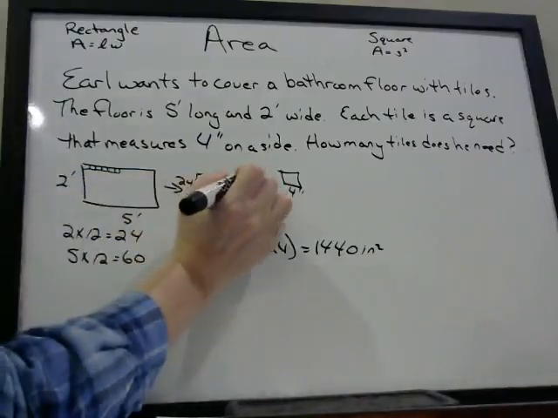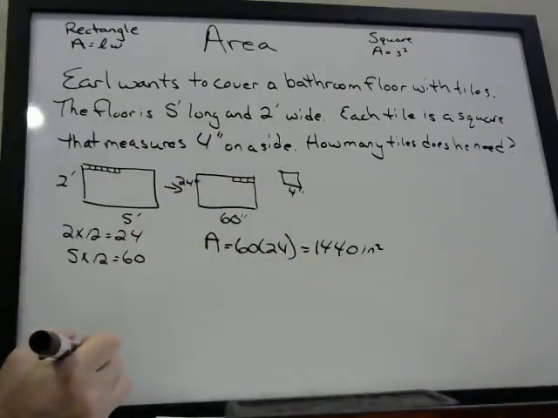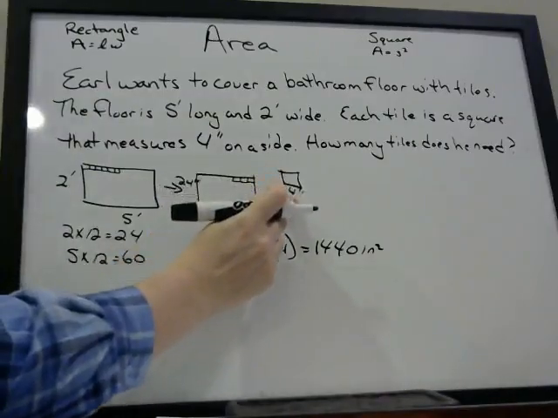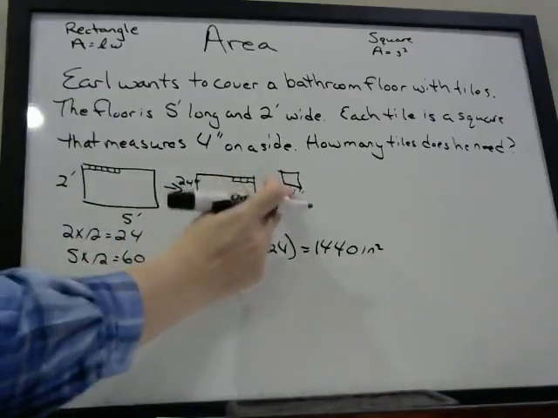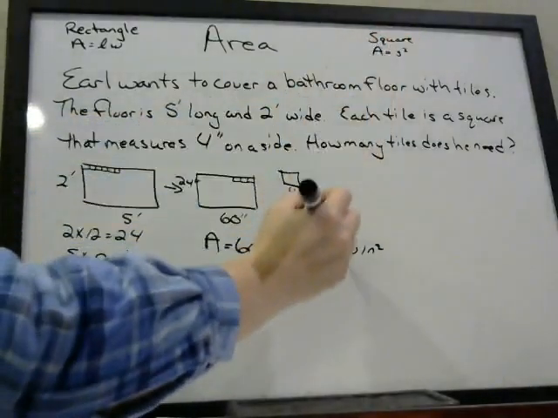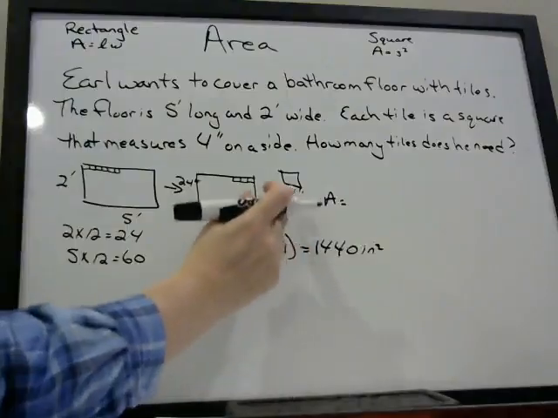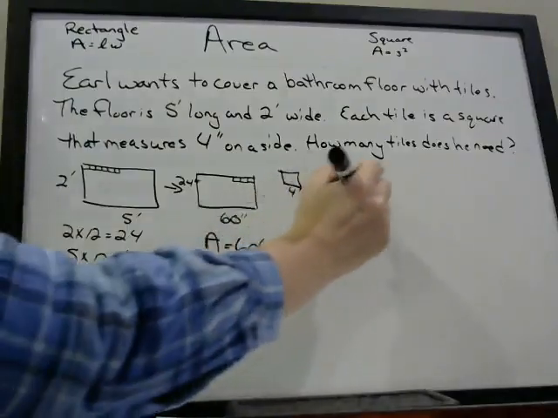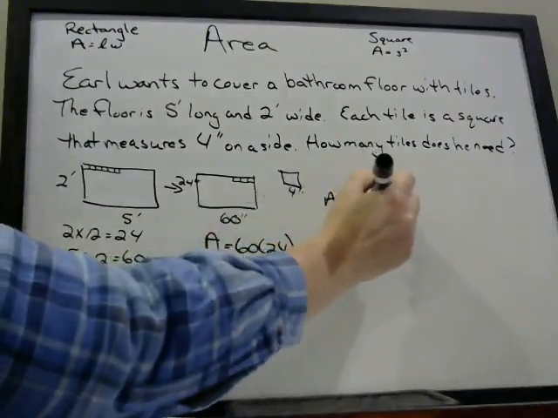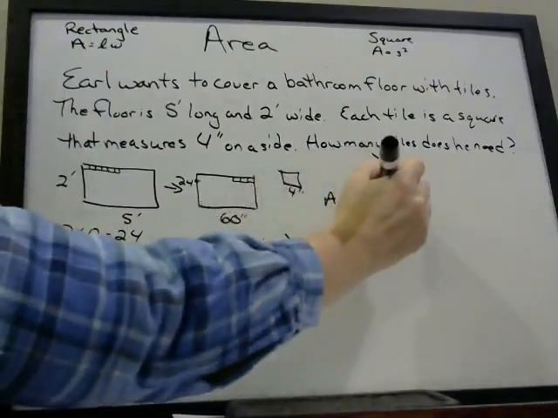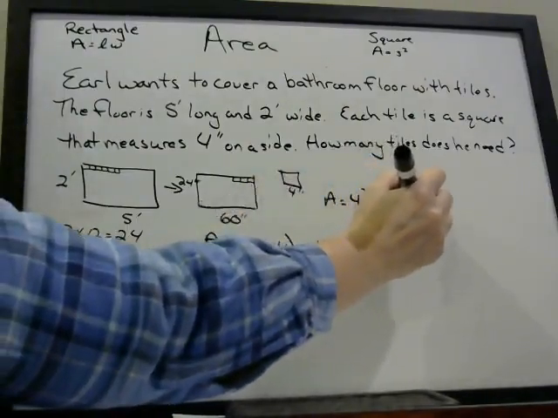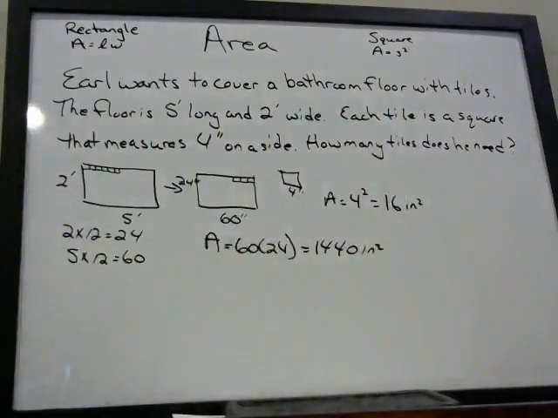You have these little tiles that you're going to put in here. And so what's the area of one of these tiles? Well, it's a square. The area for a square is S, or side, squared. So 4 squared. So the area of one of the tiles is 16 inches squared.